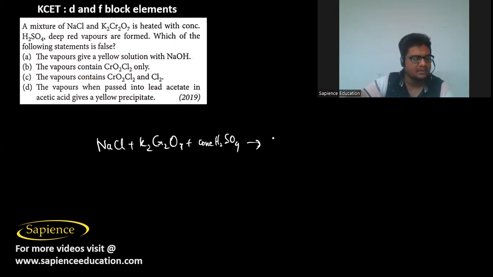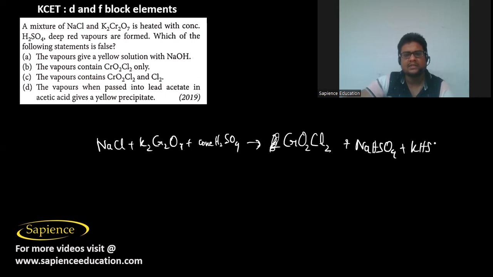The deep red vapors that are formed will be of chromyl chloride, CrO2Cl2. CrO2Cl2 is formed, and NaHSO4 and KHSO4 and H2O. So here the deep red vapors of chromyl chloride will be formed.